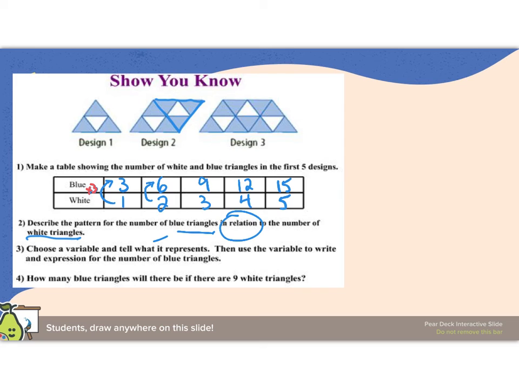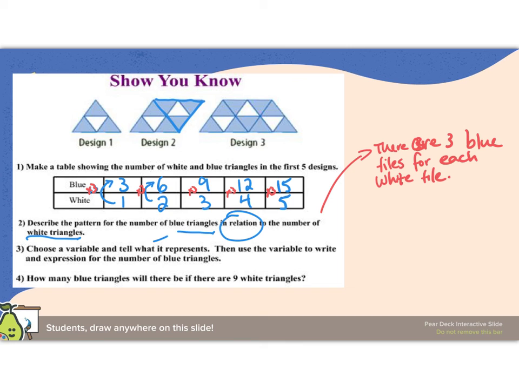So times 3 over here, times 3, times 3, times 3, times 3. If I was to describe the pattern in words, I would say there are 3 blue tiles for each white tile.